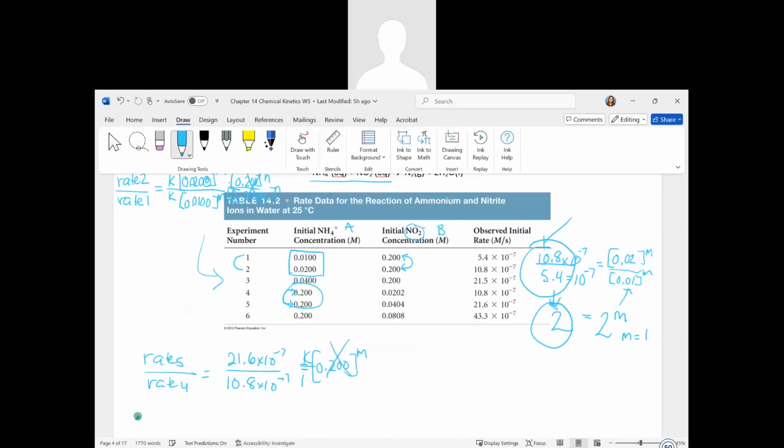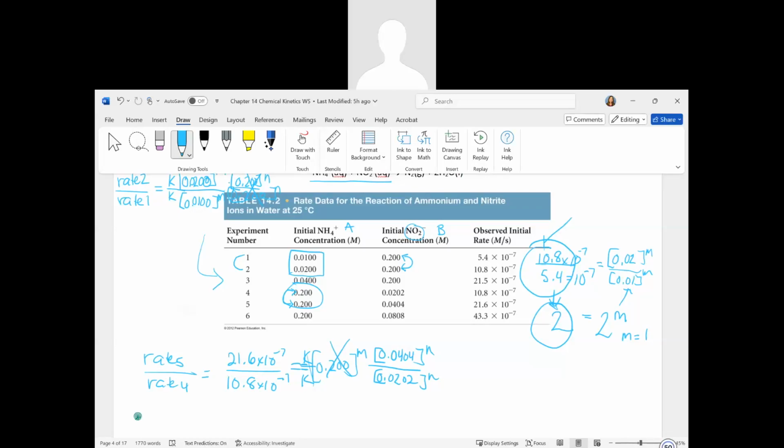Well, we can't forget our K's that will also cancel out because it's the same reaction. And then we can relate our concentration of reaction 5 for reactant B here, 0.0404 raised to the n, and then this would be 0.0202, again, raised to the same exponent.